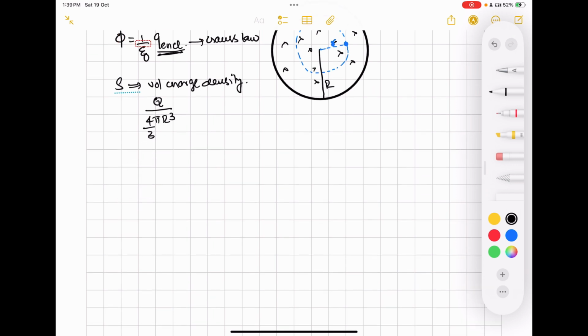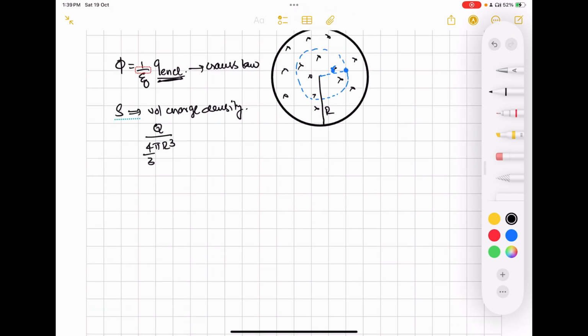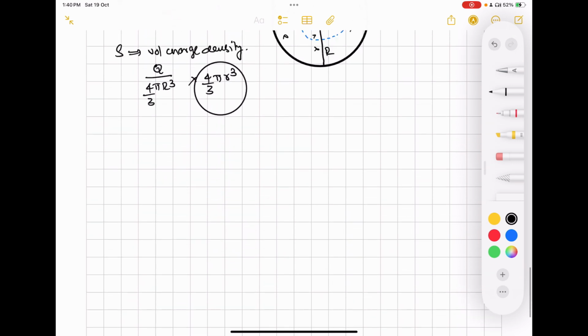If we want to find the total charge enclosed in the smaller sphere of radius r, we will multiply this value with the volume of that sphere, right? So rho is the charge per unit volume, and to find the total charge in this volume, we multiply this quantity with the volume.